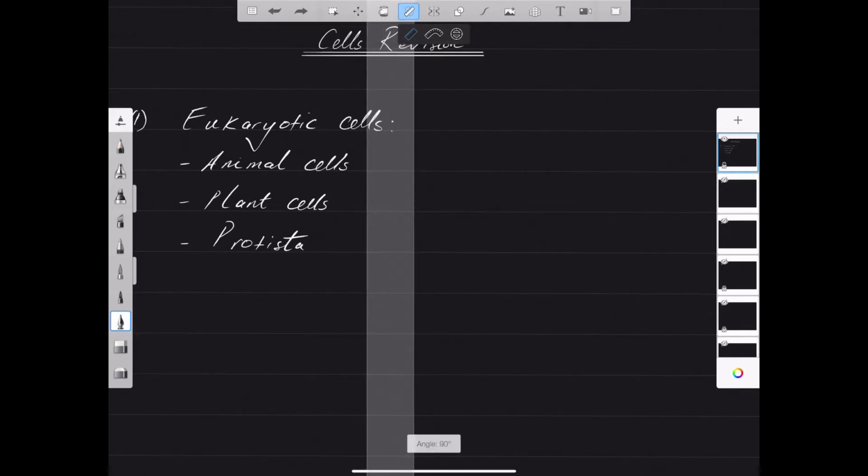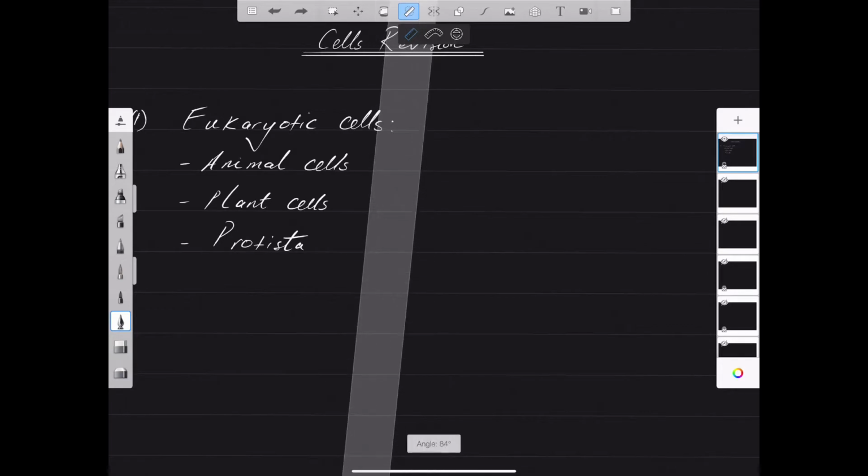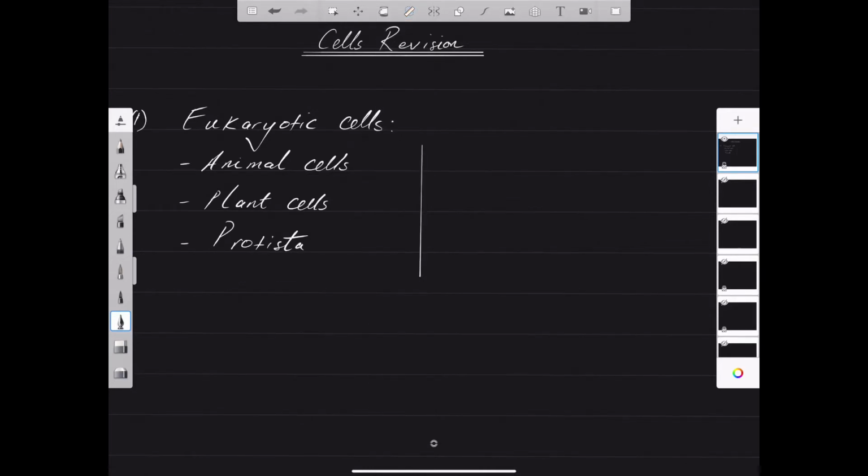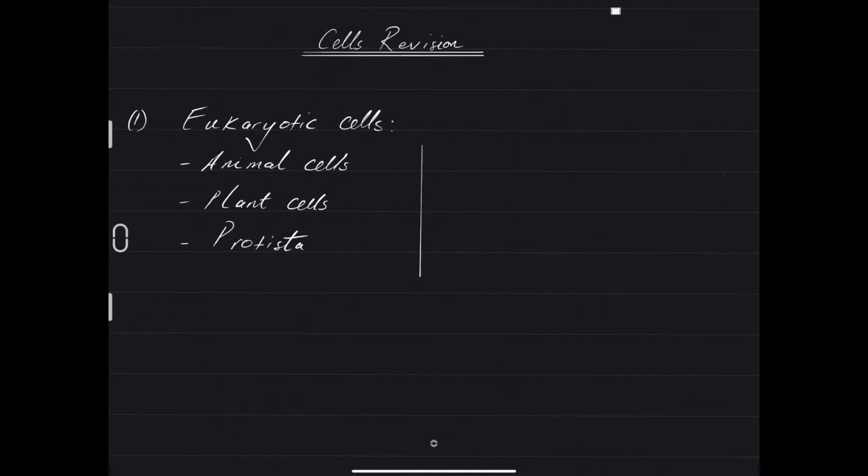So can you put a dividing line that separates it, and put unique features to the side? Okay, now, eukaryotic cells have certain features that distinguish them from prokaryotic cells.